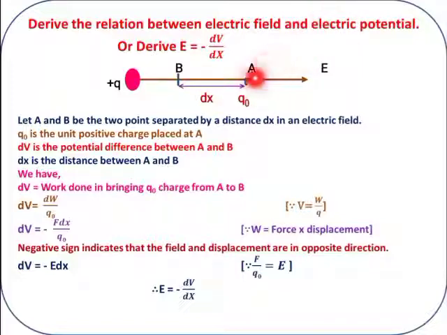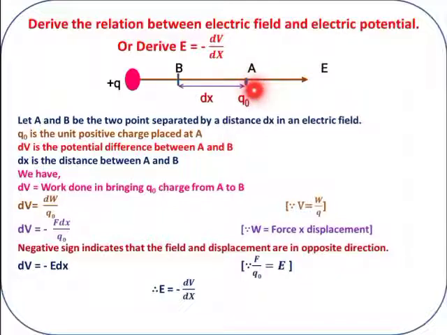Definitely there is work done, as we are performing this work in the presence of an electric field. There is already a force here due to this charge, so the electric field is already present. So when we bring this unit positive charge, or negligible magnitude charge, from infinity to A, definitely there is work done.